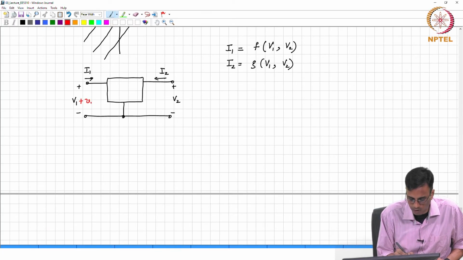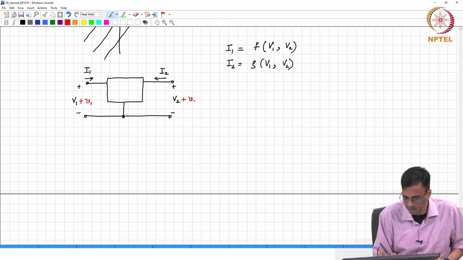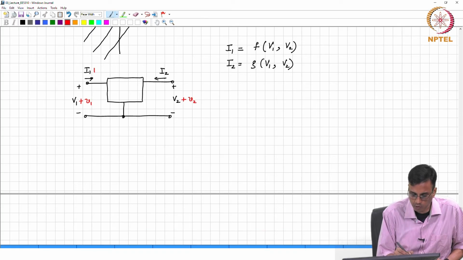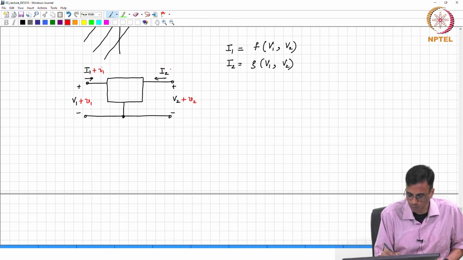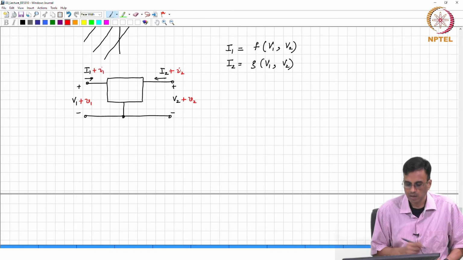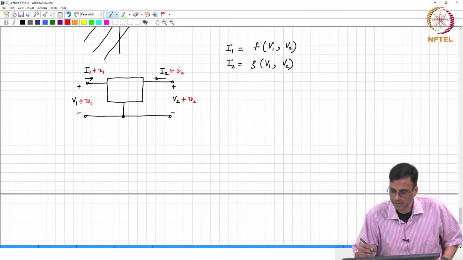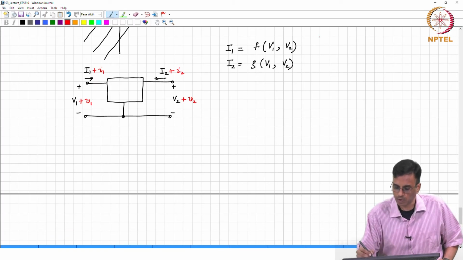However, if we increased the exciting terminal voltages by small amounts, what comment can we make about the currents? They will also change by small amounts, and again we will come back to this definition of what small means, but at this point let us assume that they change by small amounts.